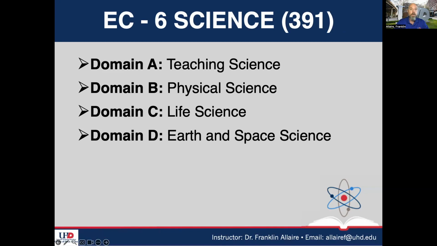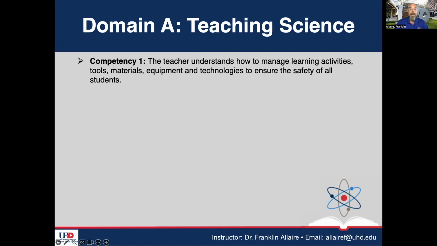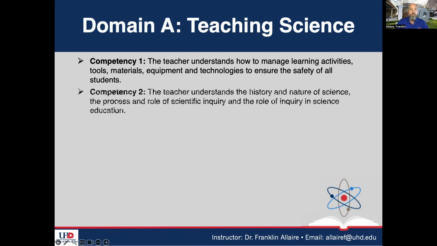So now that we're talking a little bit about the competencies and the domains, let's take a closer look at each of the domains and the competencies within them. Starting with Domain A, teaching science, we have again 6 competencies within this domain. Competency 1 says the teacher understands how to manage learning activities, tools, materials, equipment, and technologies to ensure the safety of all students.